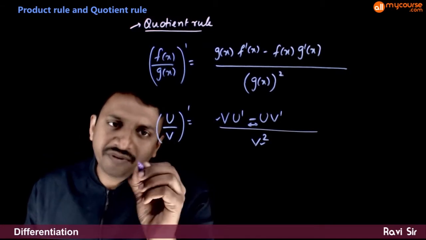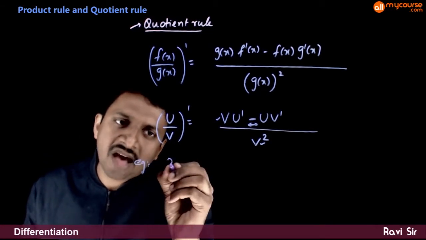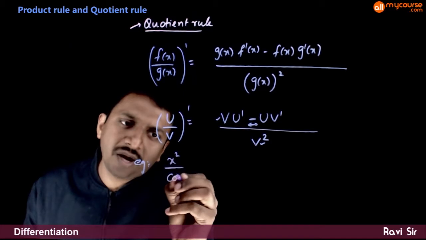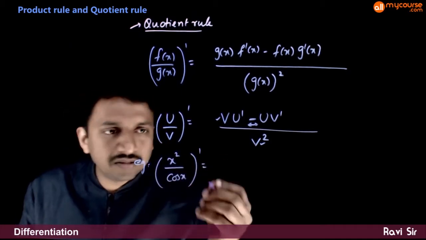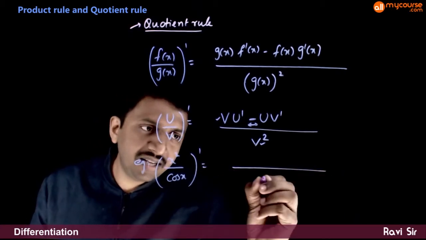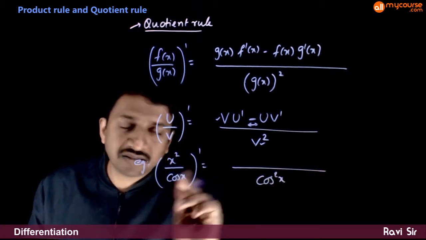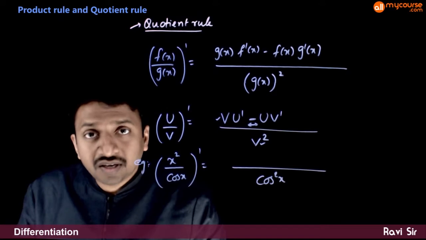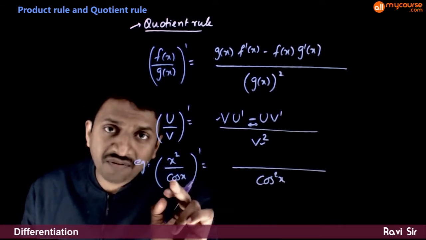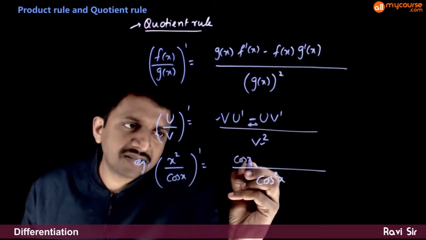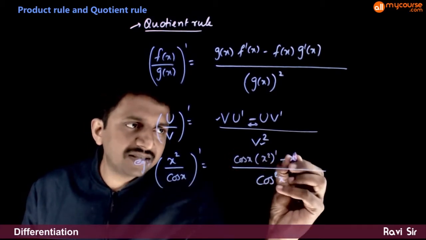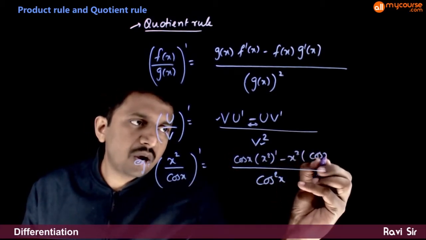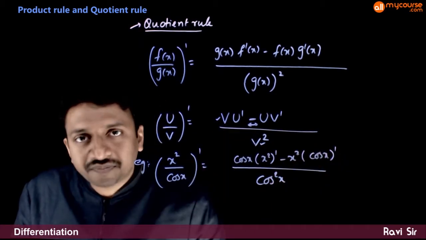So for example, if you have x square by cos x and you want to differentiate this, the answer is, in the denominator you have cos square x, the square of this function. Now in the numerator you start with v: cos x times x square's differentiation minus x square times cos x's differentiation.